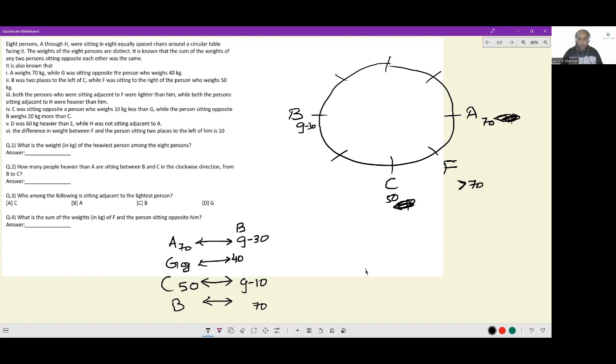No, because C is weighing 50 kg. Can I have A and B? This diagonal is gone. F is weighing greater than 70, so G cannot be here. So the only diagonal where G can come is this diagonal.